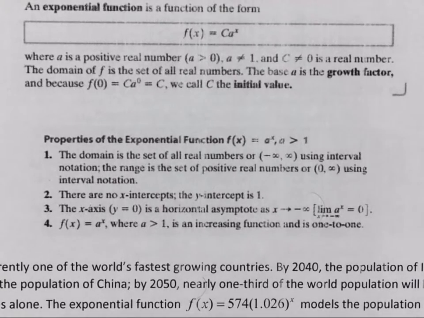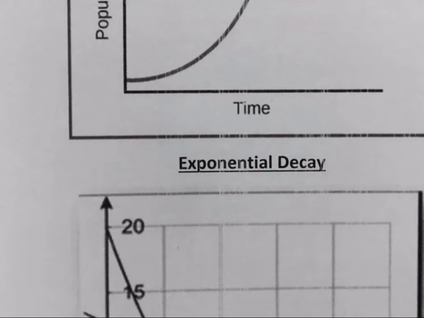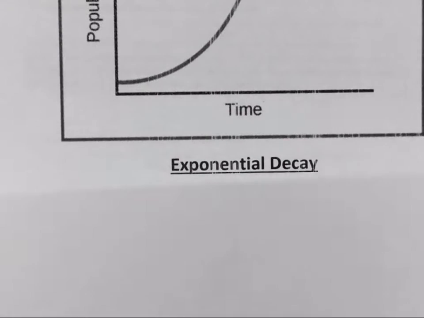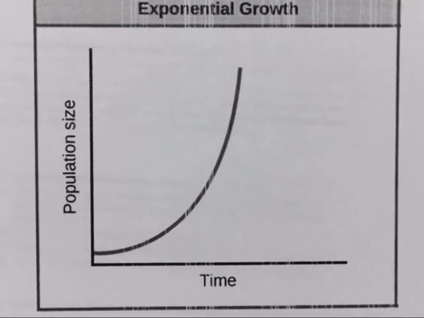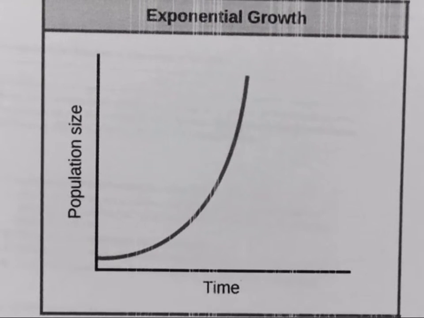If we're looking at exponential functions that are growing, so exponential growth and not decay, the graph would look something similar to this. So here's an example of an exponential growth function. You can see that this is definitely not linear because you have this curved aspect to it.